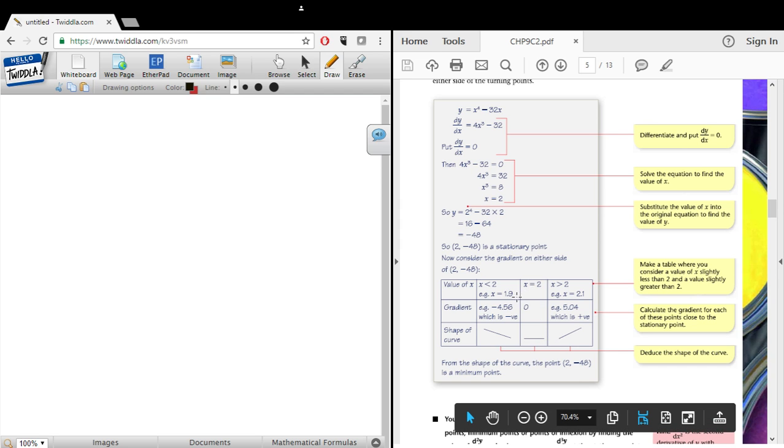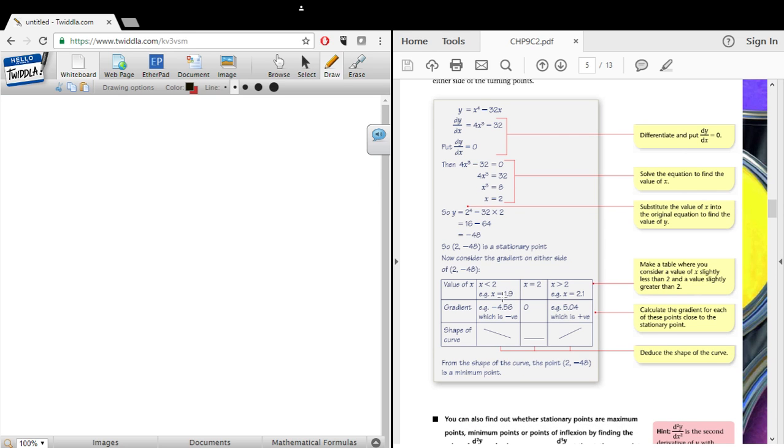They take x less than 2, for example 1.9, and they get that the gradient is minus 4.56, so the gradient is negative. Then they take x greater than 2, for example 2.1, and they get that the gradient is 5.04.